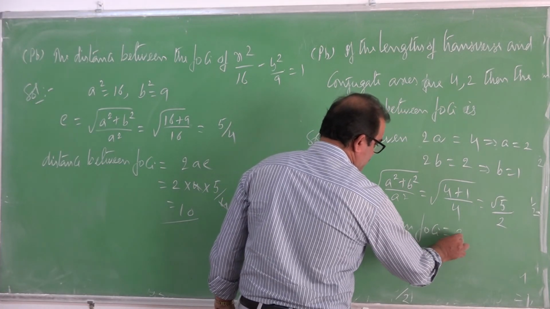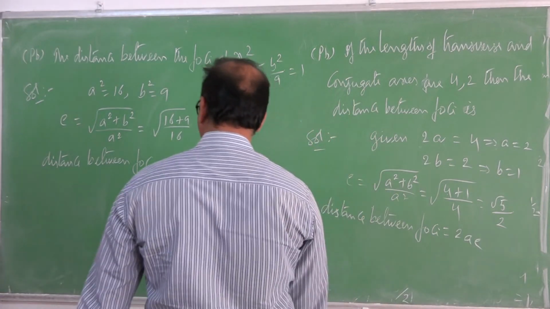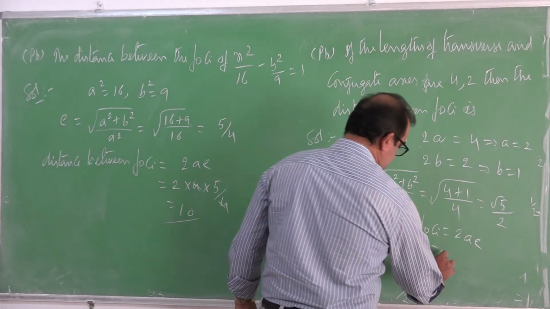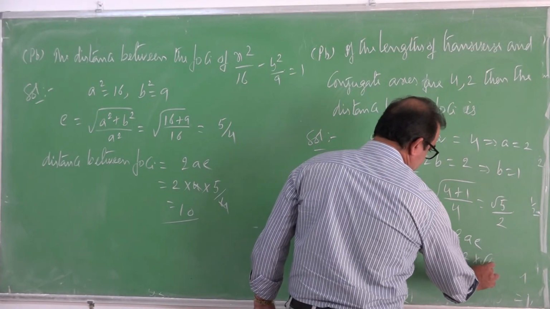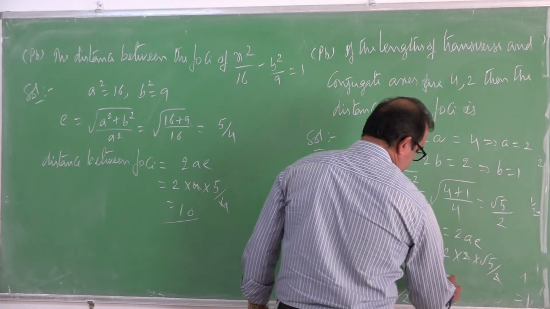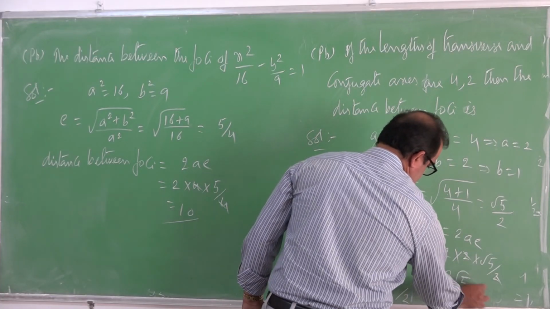Distance between the foci is 2ae, that is equal to 2 into a, 2, into e, root 5 by 2. 2 cancels. So that is 2 root 5.